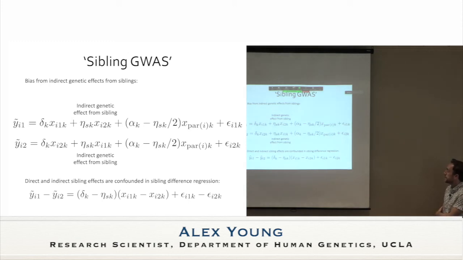I think the way they did it is that you subtract the mean genotype among the siblings from the genotype of the individual, and you regress on that. That's very similar in some sense to subtracting the average parental genotype. In fact, as the number of siblings goes to infinity, the average among the siblings goes to the average parental genotype, so it becomes the same thing as family size goes to infinity.